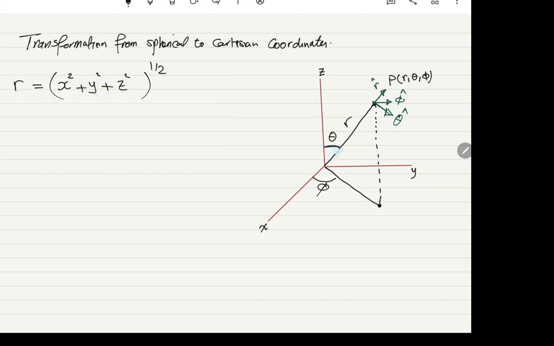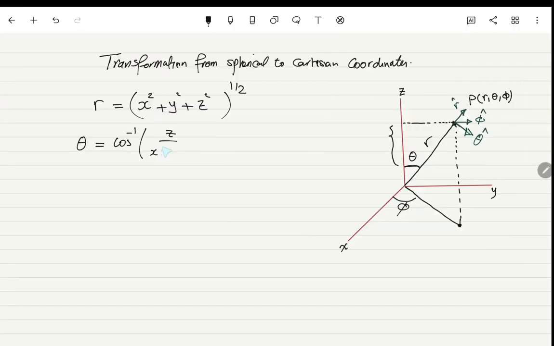Now if we look at theta, this is a right angle triangle. Cosine theta is equal to this one here over r, and this one is z. So theta equals cosine inverse of z over r, which is z over x squared plus y squared plus z squared to the power half.